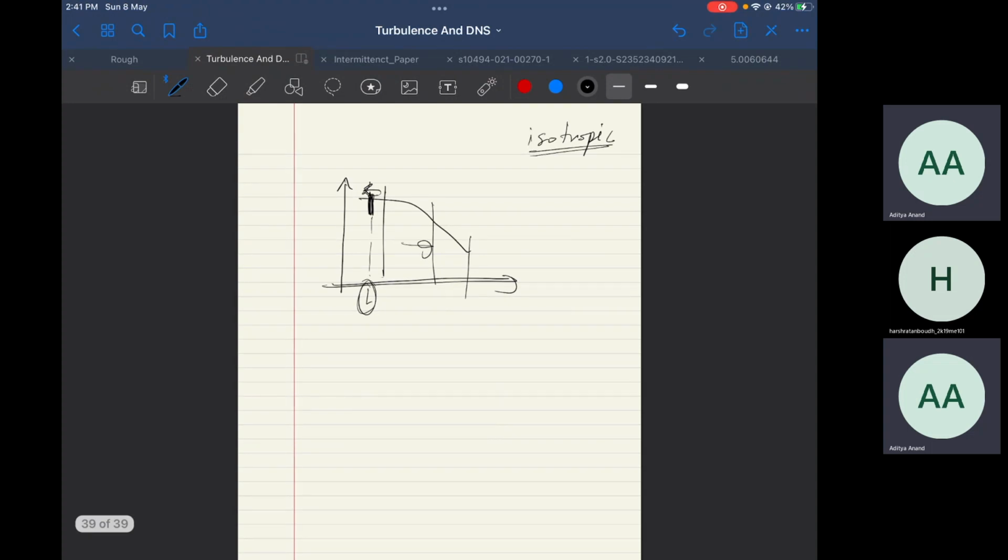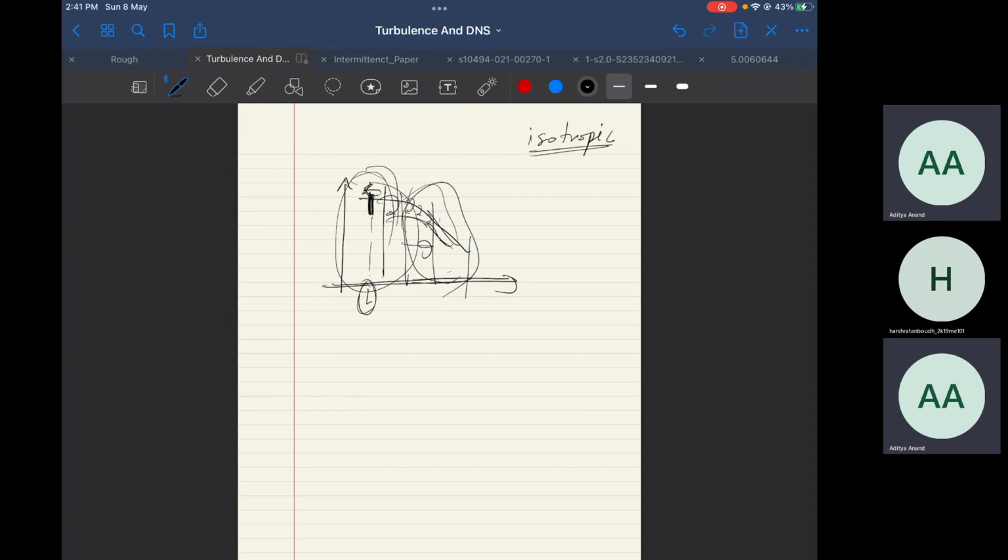The only way of interacting with the smallest scales would be through this cascading range of scales. So the small scales are not under the influence of larger scales where anisotropy is present, and as a result, they said that the small scales would be isotropic.